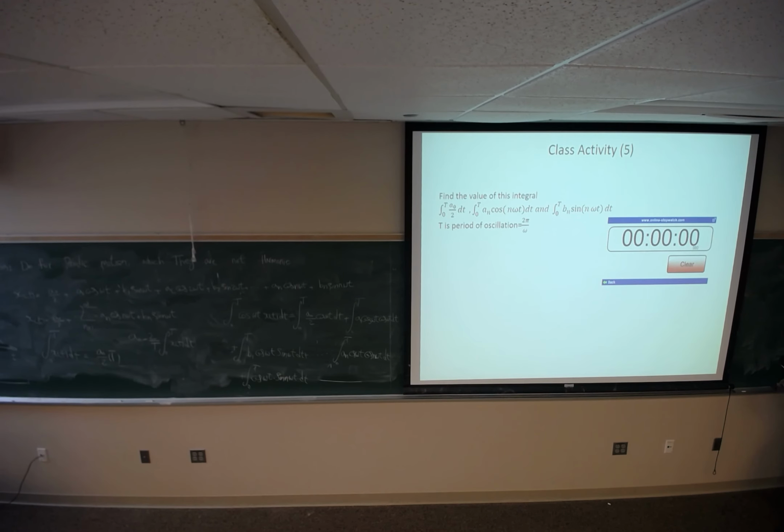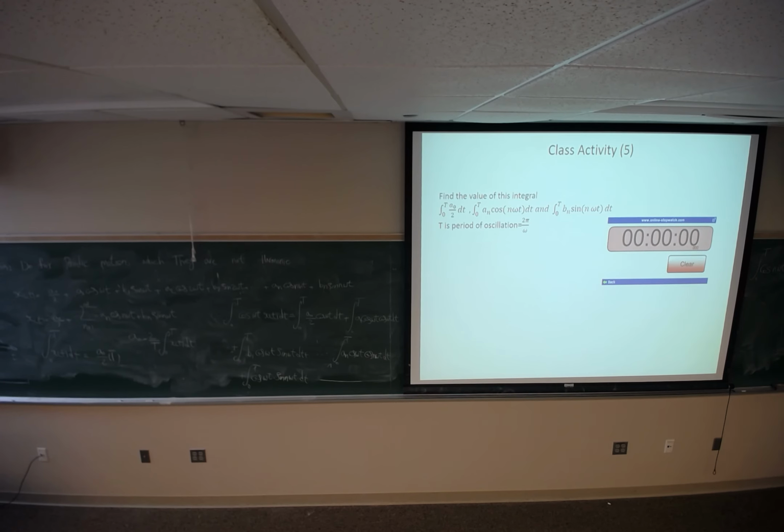So we can prove, it's not difficult, that the integration of cosine of n omega t times cosine of m omega t, where n is different than m or they can be the same, is going to be equal to 0 for any m which is not equal to n.